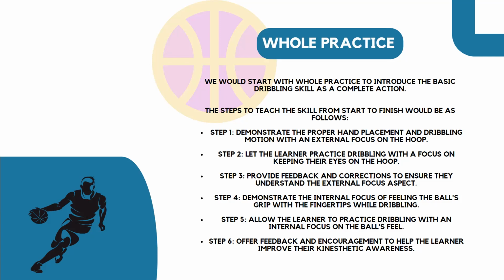Keeping your head up but keeping your eyes closed is a surprisingly hard way to learn how to dribble, but it's very effective. Just a great example. And lastly, offering feedback of encouragement to help a learner improve their kinesthetic awareness.